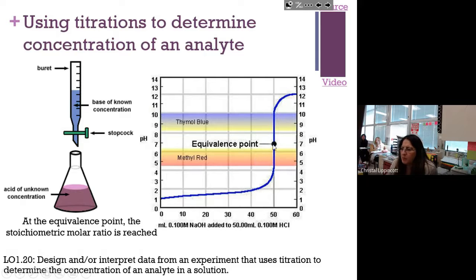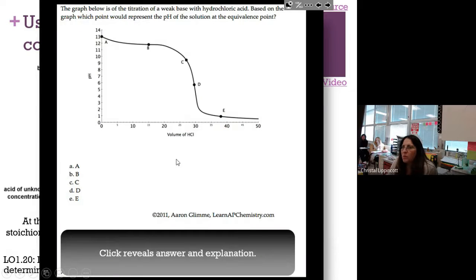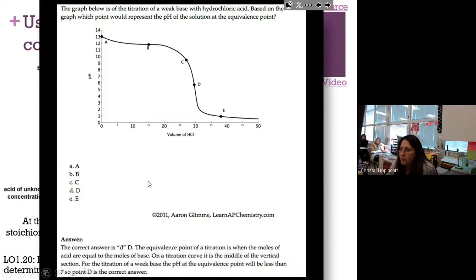Remember our equivalence point: if it's at 7, we titrated a strong acid with a strong base. Here they're asking which one, with this titration, represents the pH of the solution at the equivalence point. You should have had D there.